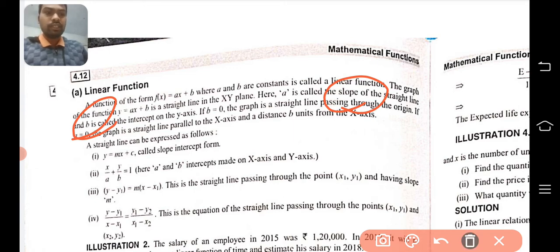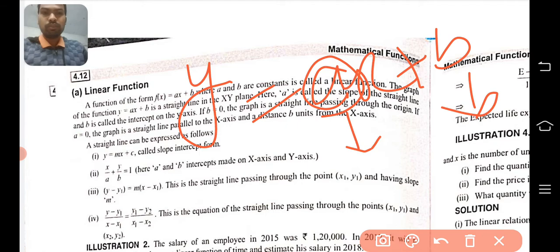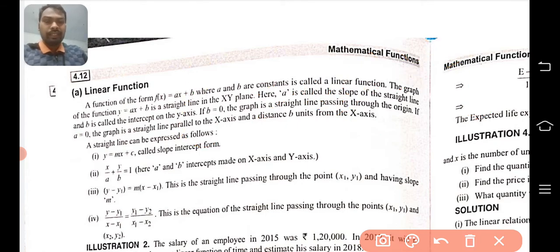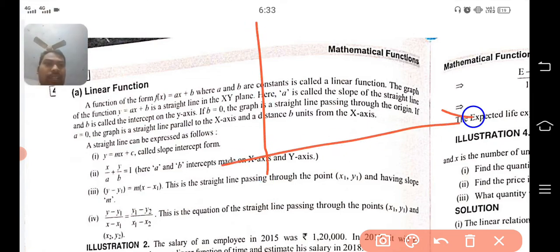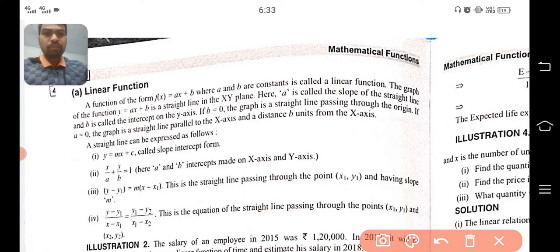Whenever we write the equation y = ax + b, b represents the intercept and a represents the slope. When we represent it on the x and y graph, the intercept starts from the y axis, and it is a straight line.